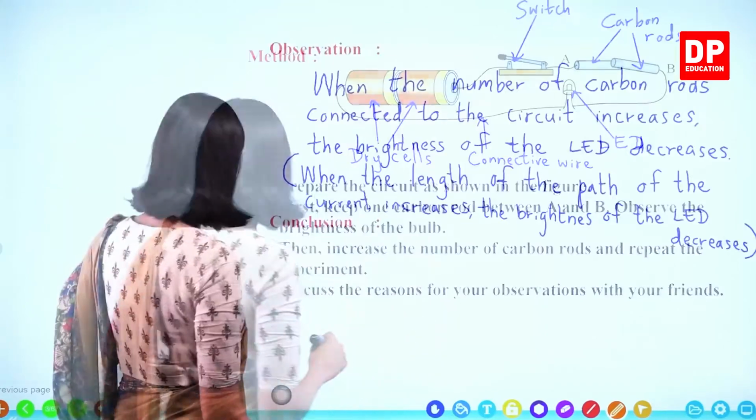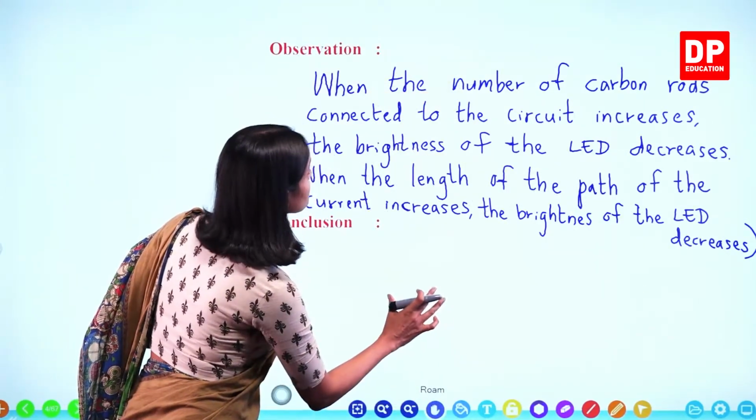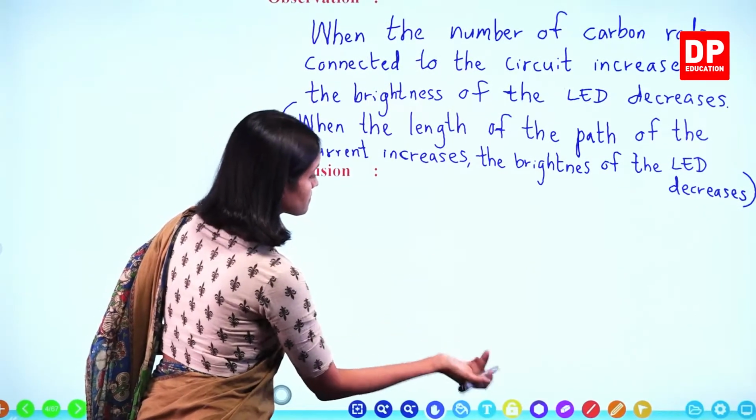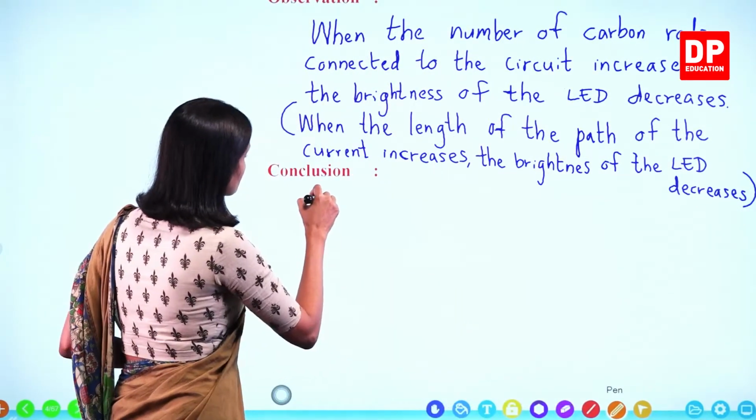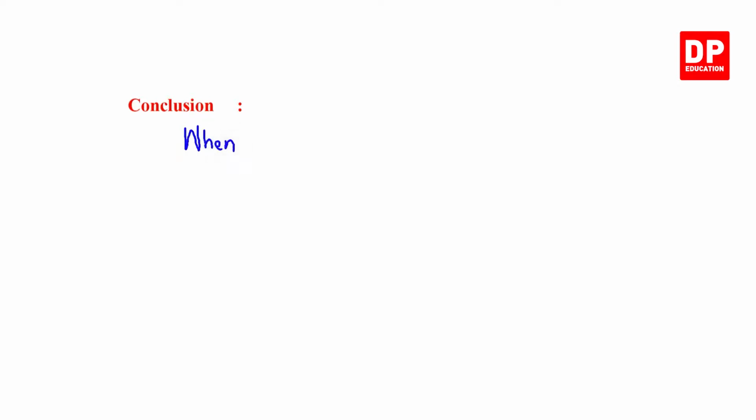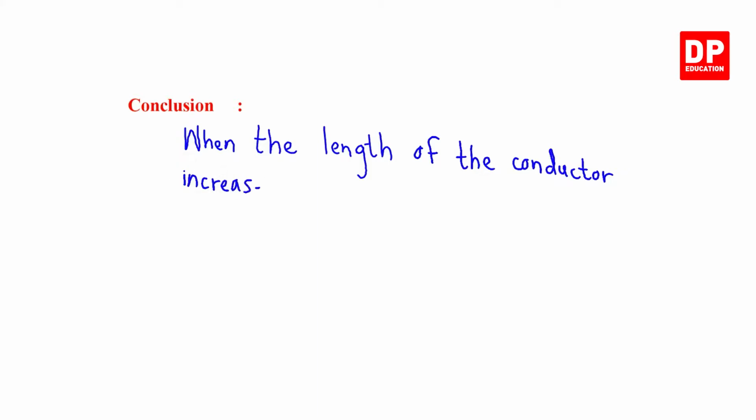We will write this. So, we will write the conclusion. When the length of the conductor increases, the resistance also increases.